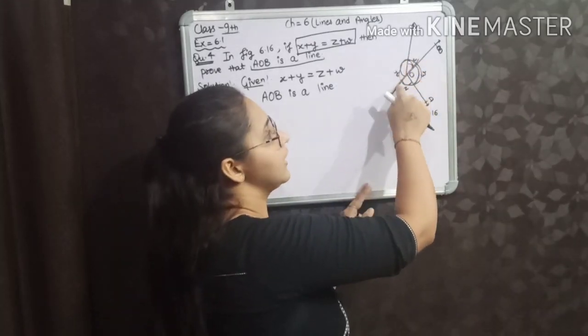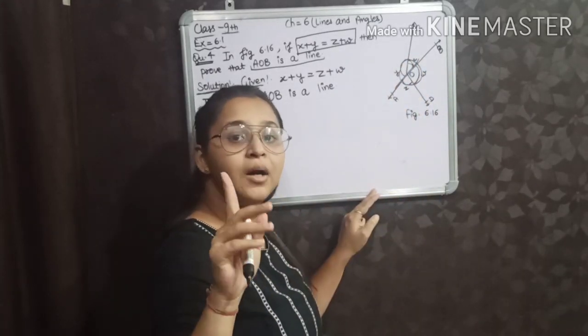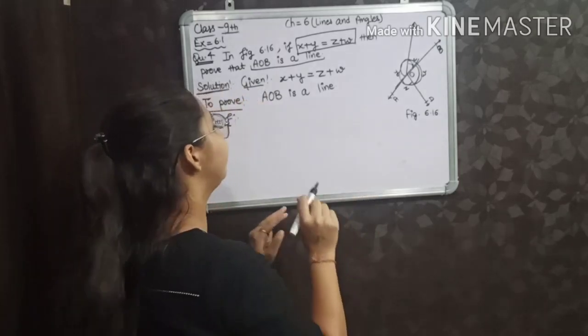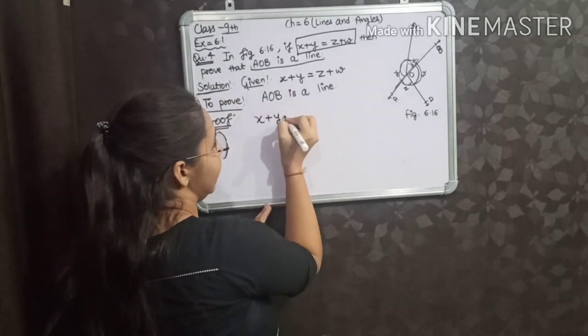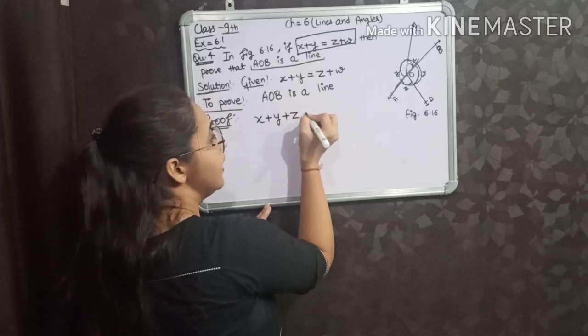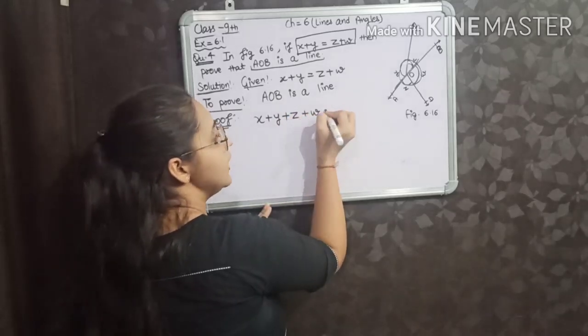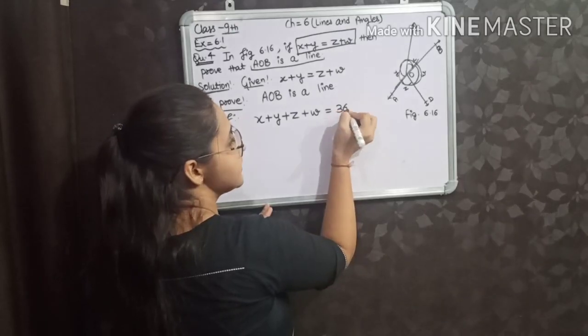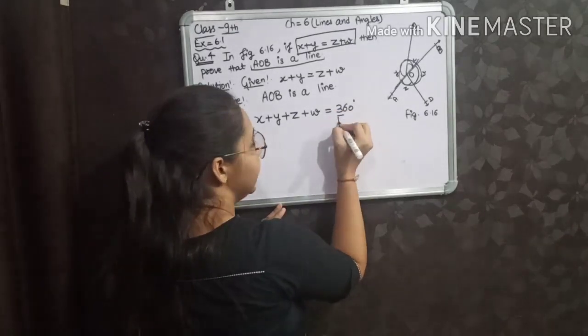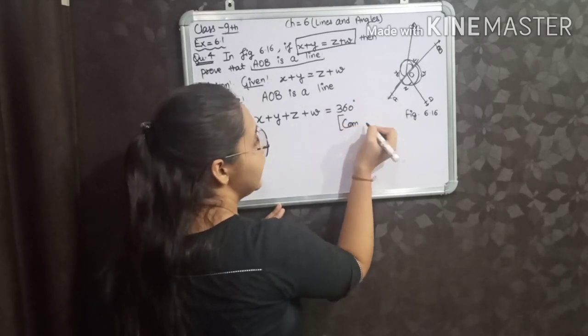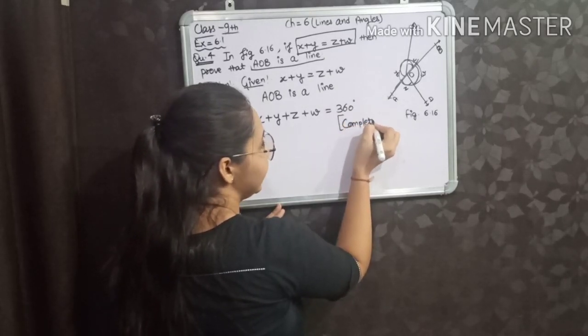These four angles are making a complete angle. Therefore, we can write angle x plus angle y plus angle z plus angle w is equal to 360 degrees. And 360 degrees, why? Because in the reason we can write complete angle.